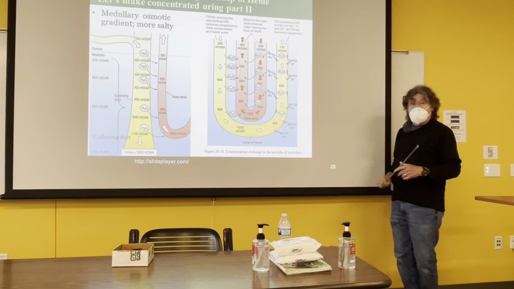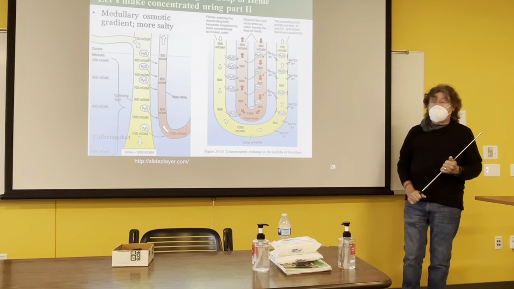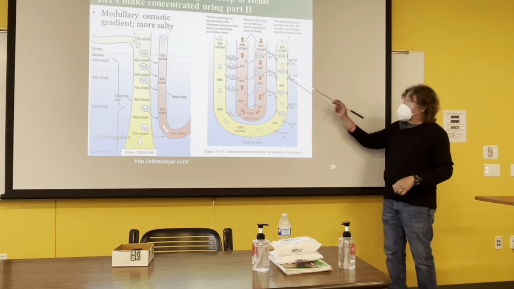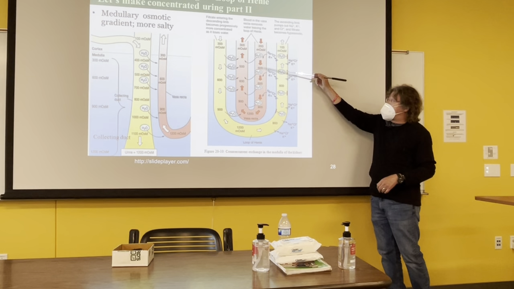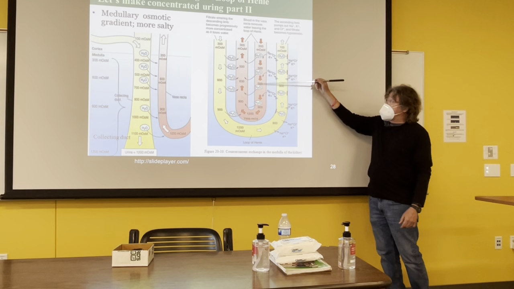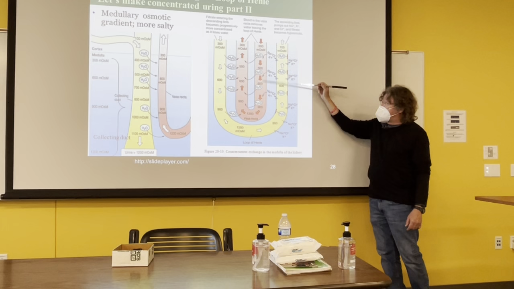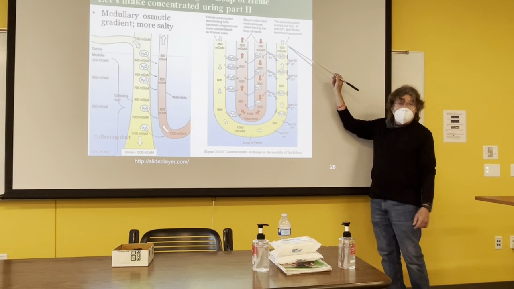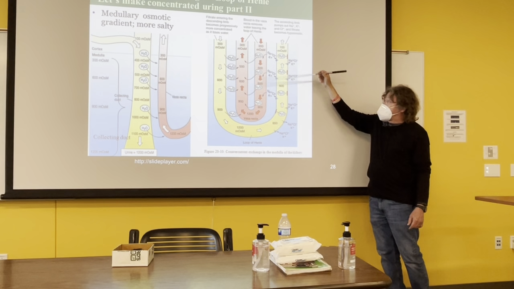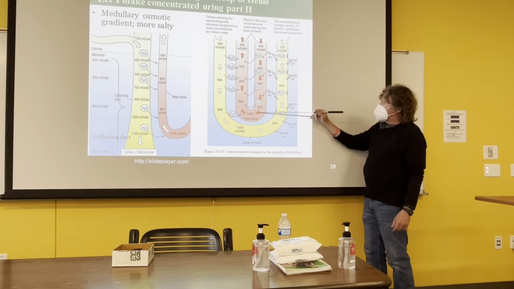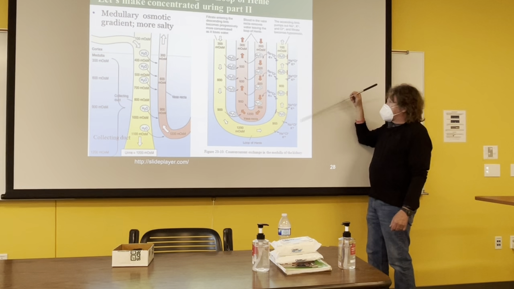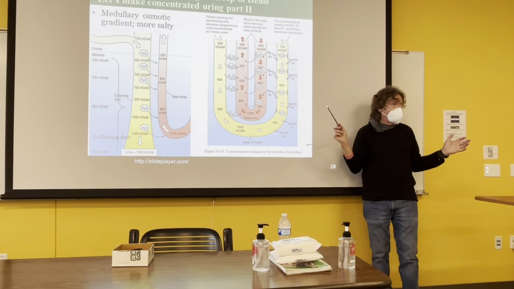That gradient wouldn't be able to exist. The only way we can maintain that gradient is that we have countercurrent flow between the descending vasa recta and the ascending loop of Henle. If they were going co-current, this gradient would be stripped away. We wouldn't have a deep salt gradient.